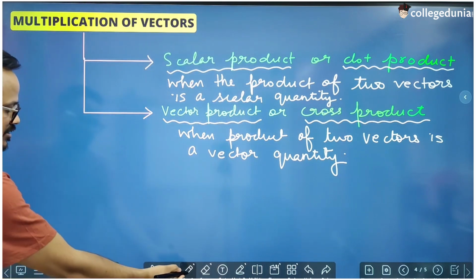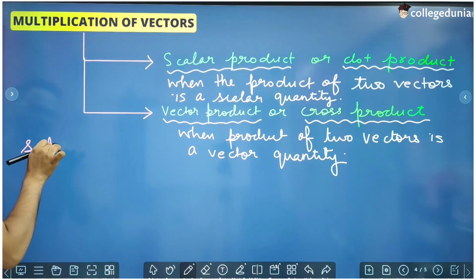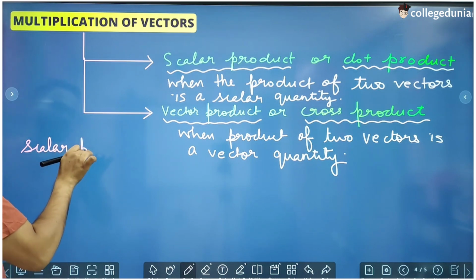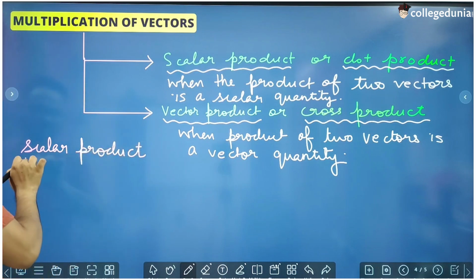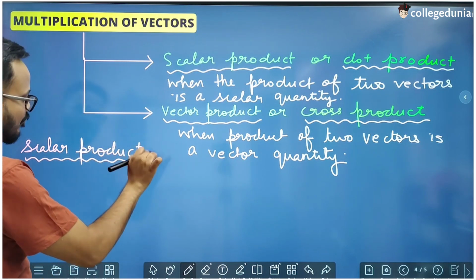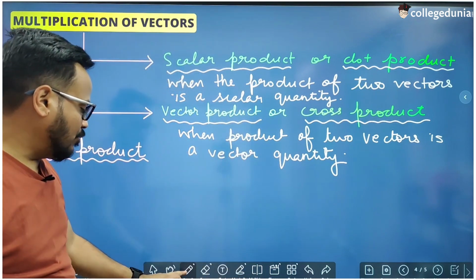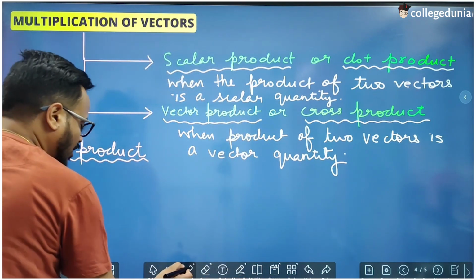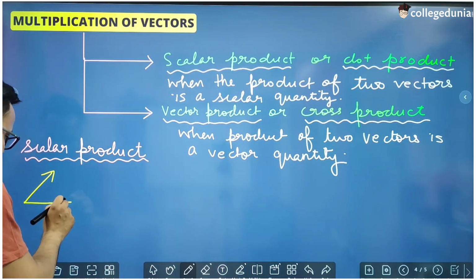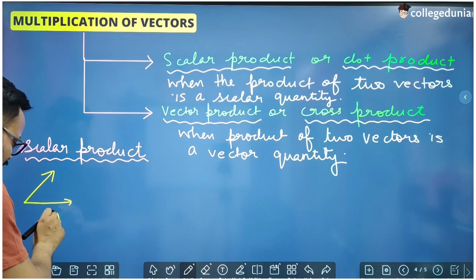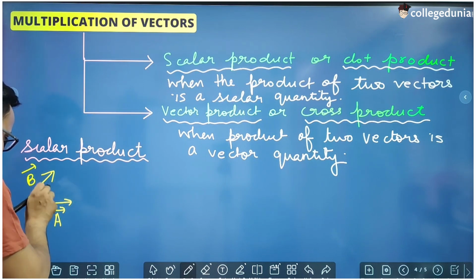Now let's start with the scalar product first. Suppose we have two vectors A and B, and the angle between these two vectors is theta.